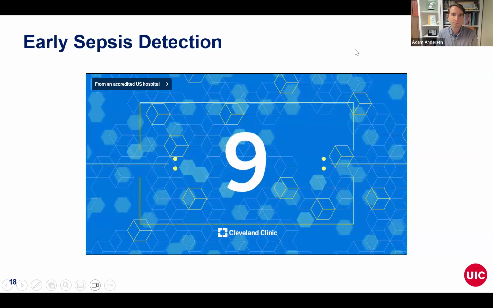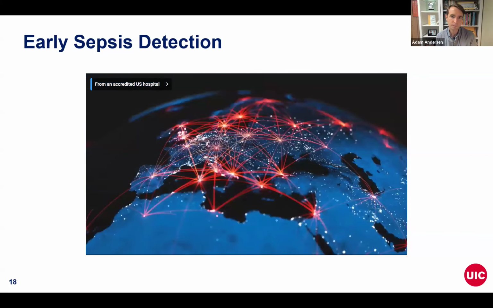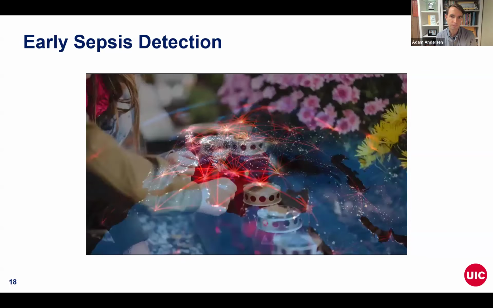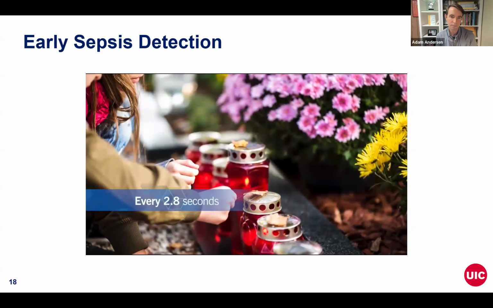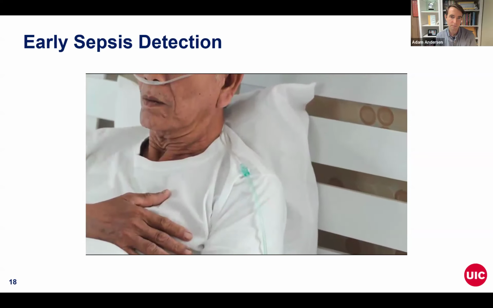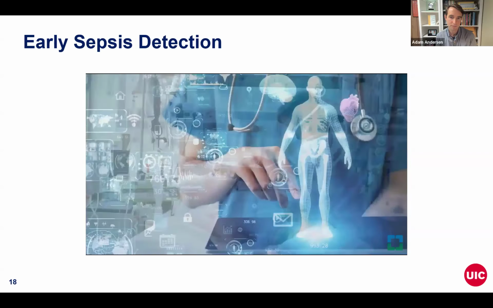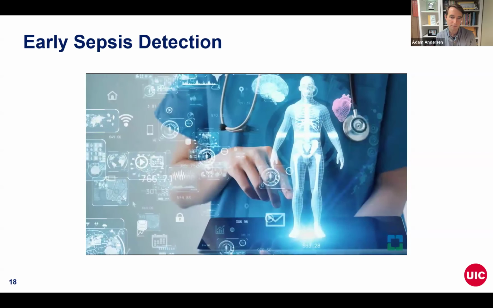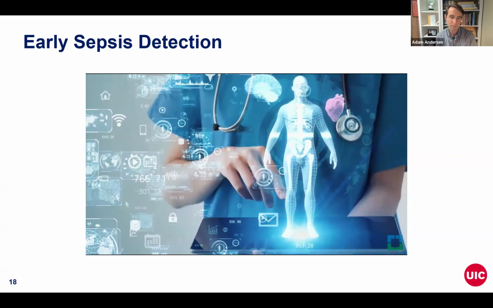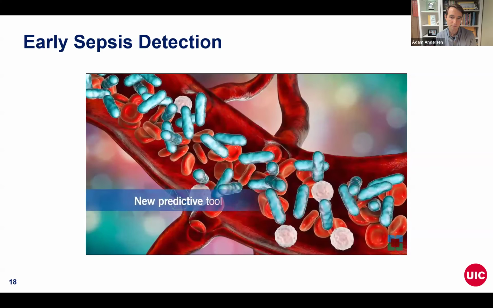Number 9, AI for early detection of sepsis. Considered a global health crisis, sepsis claims a life every 2.8 seconds. Early diagnosis is critical, but can be complicated because symptoms are common among other conditions. Now, artificial intelligence, or AI, has surfaced as a new predictive tool to help rapidly detect sepsis.